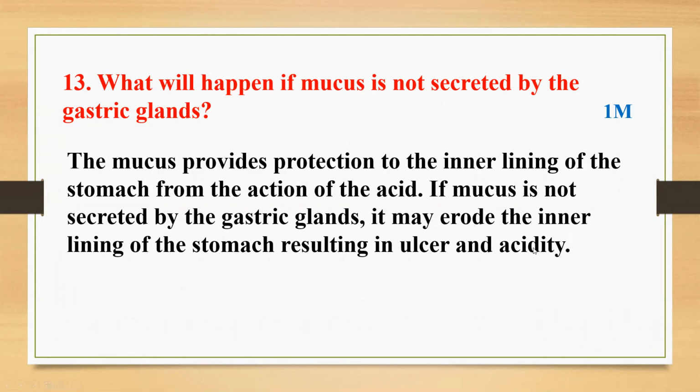If no protective layer, what will happen? The complete acid will act on that. Inner lining of our stomach will get damaged. Ulcers, acidity, a lot of pain and burning sensation. These all the things are going to happen, isn't it?